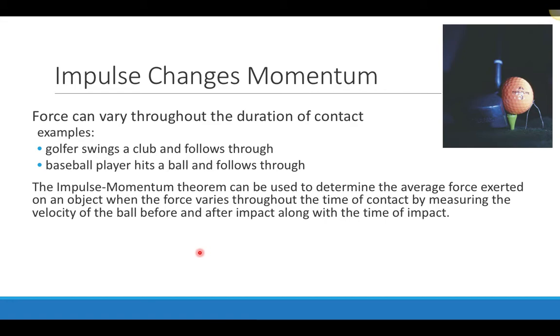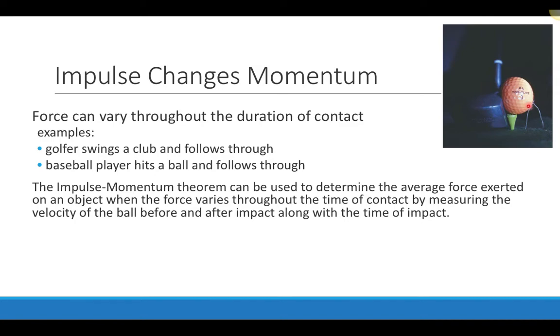So it turns out that this impulse-momentum relationship can actually be used to determine the average force exerted on an object. So if we know how the momentum changes when the object is struck, and we know approximately the time interval that interaction is occurring, then we can use that to figure out the force that's being applied, or the average force.